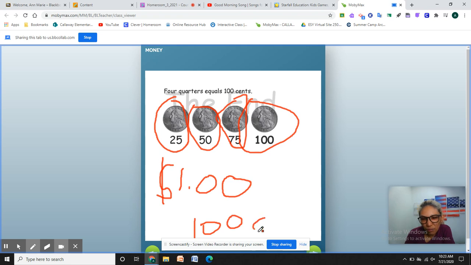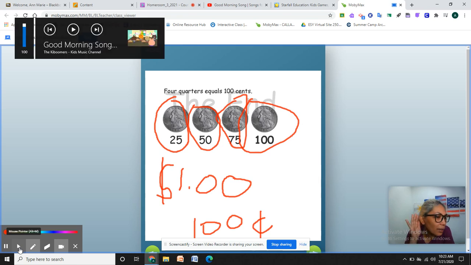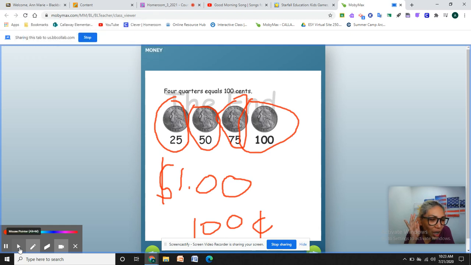But it's very rare we would say or hear 100 cents, right? We always just say, oh, $1. I have not heard anybody say 100 cents, but 100 cents is the same as $1. How much is that again? Let me hear you. $1. Very good. $1 or 100 cents.